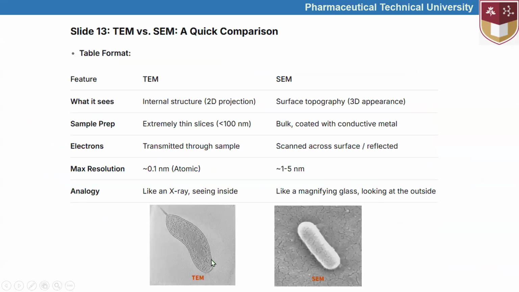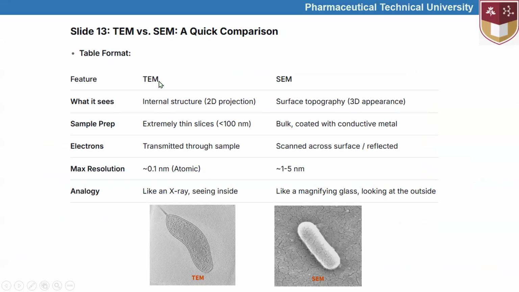And here we can see the differences between transmission electron microscopy and scanning electron microscopy. Again, transmission electron microscopy develops a 2D, two-dimensional structure, and scanning electron microscopy develops a three-dimensional image.